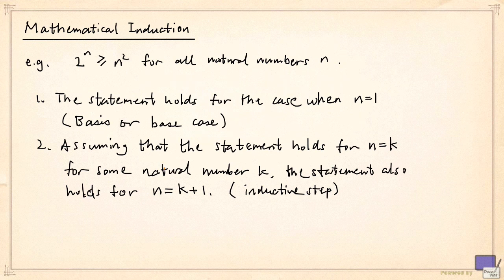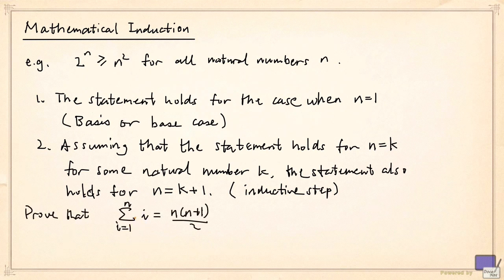But now we can apply the inductive step again. We know that the statement is true for n equals 2, so it's also true for n equals 2 plus 1, which is 3. You can keep applying this reasoning, and you'll see that the statement is true for any arbitrarily large values for n. So this is like falling dominoes.